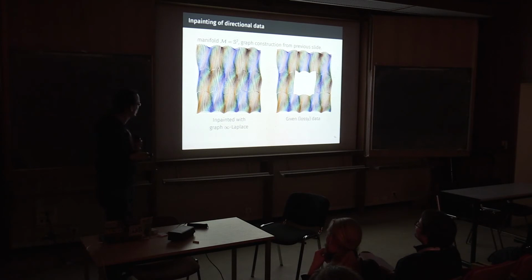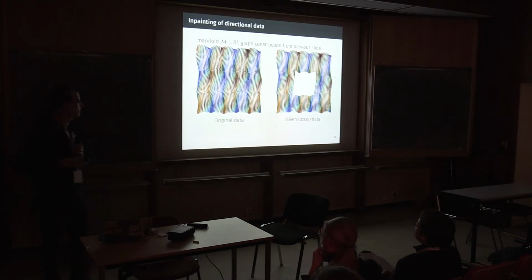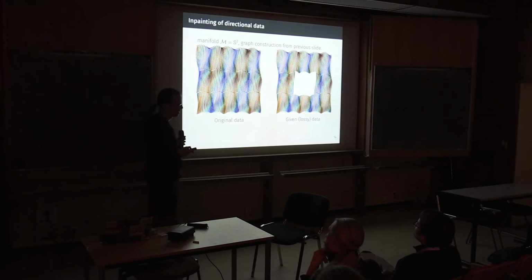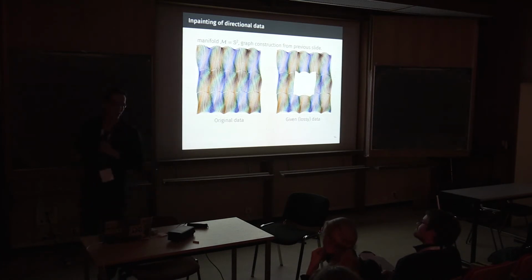I said, no, the original looks like this, but that's quite similar. So there we have enough structure and enough similar data to inpaint, such that the structure is properly inpainted. That's inpainting, that's the original. Inpainting, original. There's nearly no difference, because we have enough structure in the data to inpaint this large area.